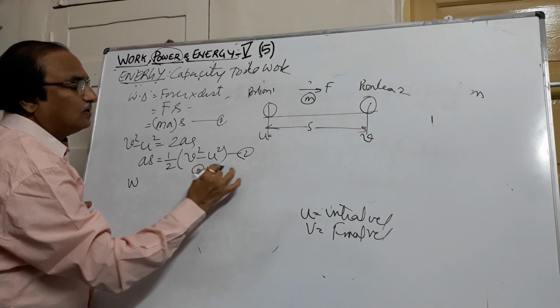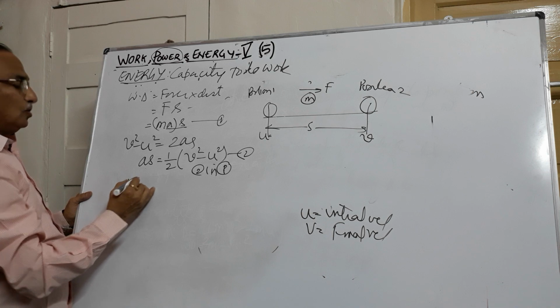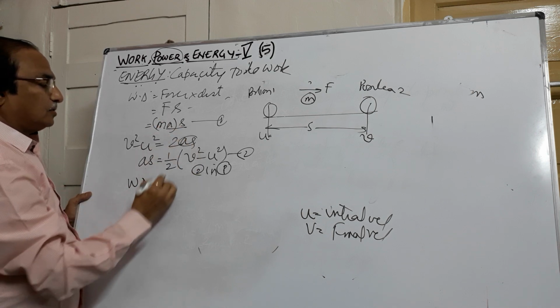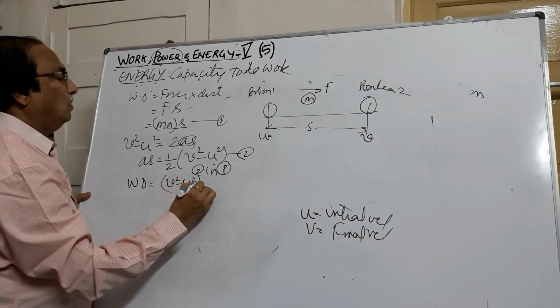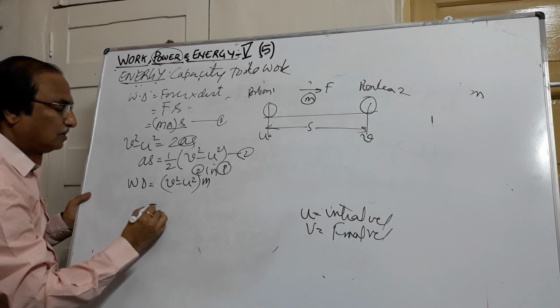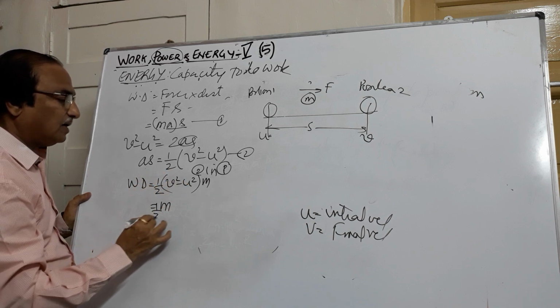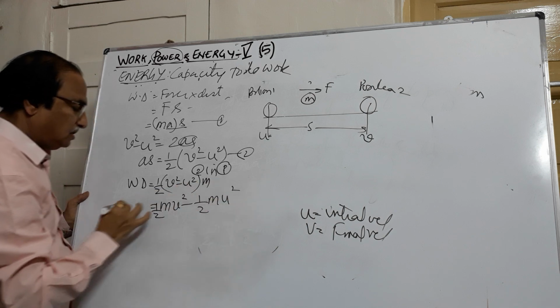Substituting 2 in 1, as we have seen in the last case, if I substitute the value of as, work done will be equal to v square minus u square into m, so this will be equal to half m v square minus half m u square. This is the work done.